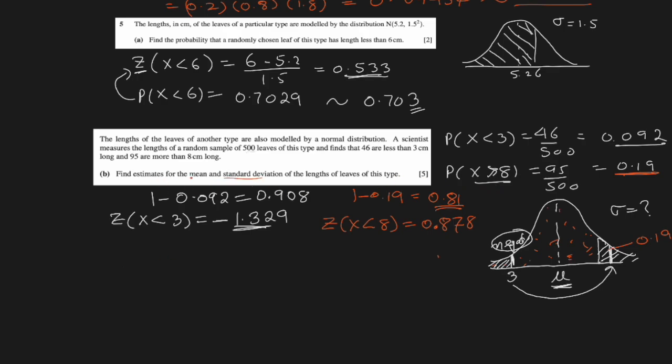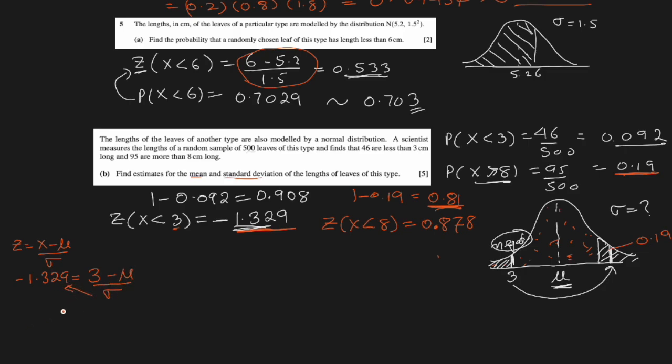The equation is that Z score is X minus mean over standard deviation. That's what we used in the previous part. Z score here is minus 1.329, equal to X, which was 3, minus mu, where mu is unknown and sigma is also unknown.